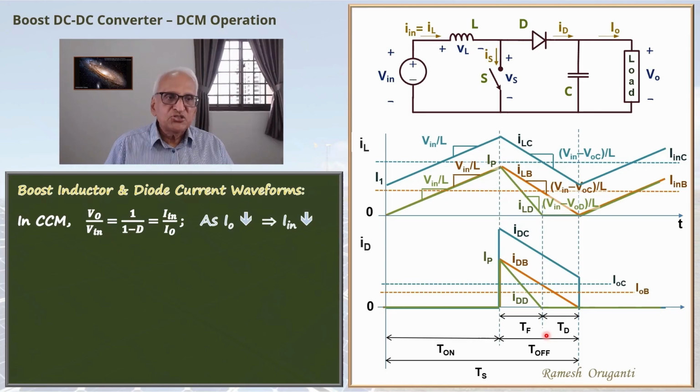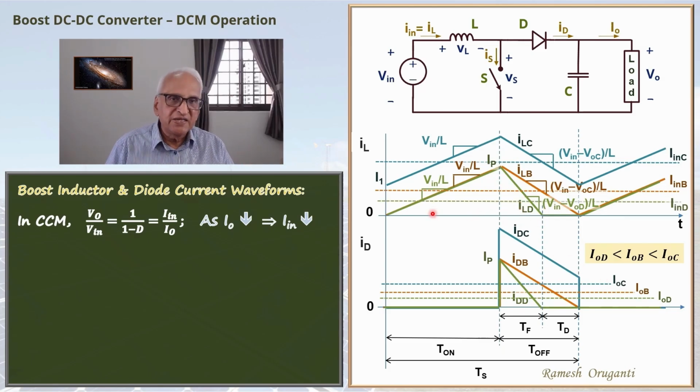The average of the diode current is the output DC current I_OD, which is less than I_OB, which is less than I_OC. Likewise, the average of the inductor current I_LD is I_in D, which is less than I_in B, which is less than I_in C.